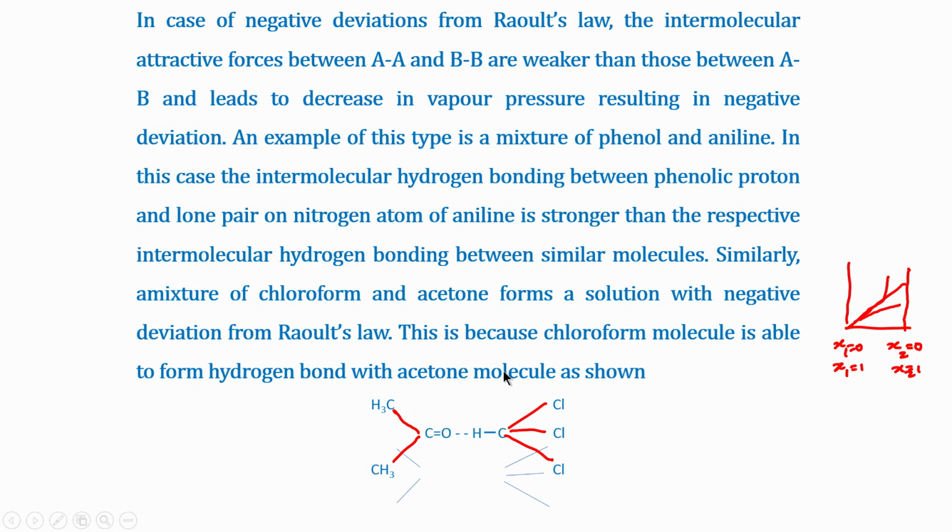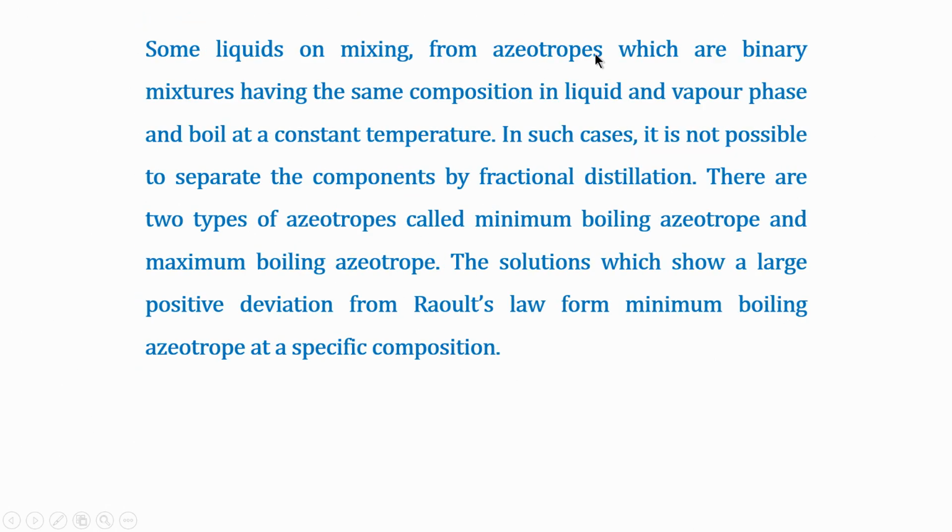So, some liquids are there which on mixing form azeotropes, which are binary mixtures having the same composition in liquid and vapor phase. So, substances which have the same composition in the liquid mixture and in the vapor.